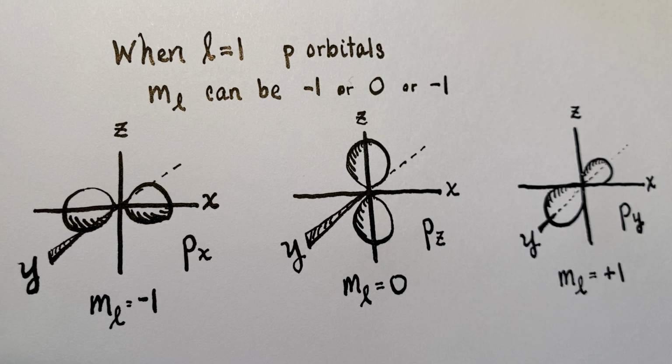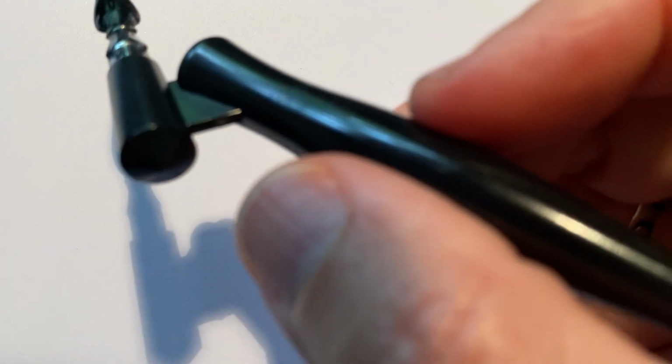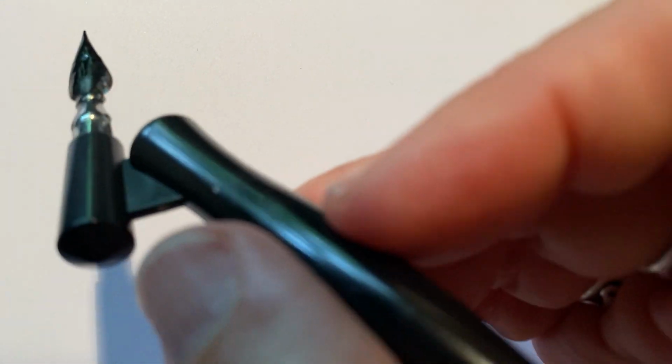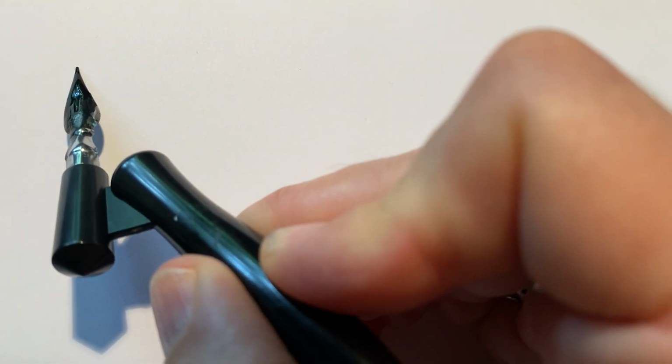Now comes the fun part. This is my favorite, actually. And this is drawing d orbitals. Get another piece of paper here. So, in this case, we now have, for d orbitals, l equals 2.